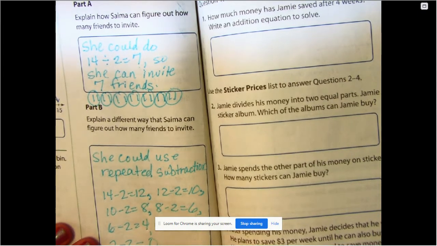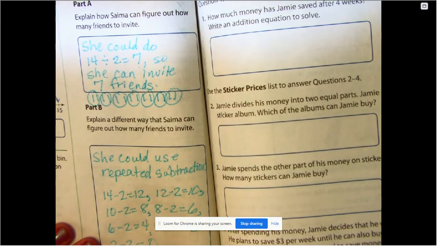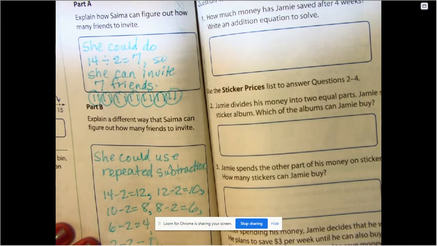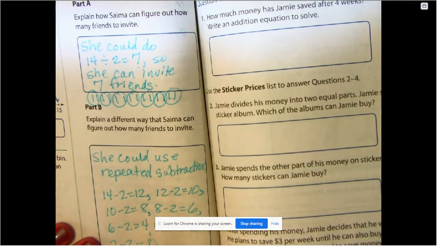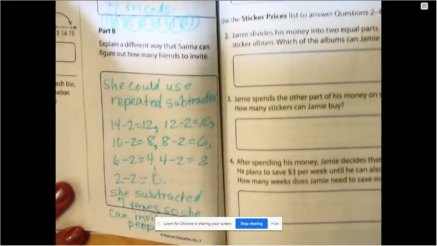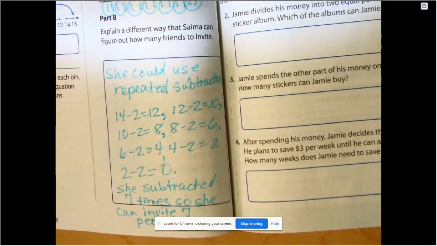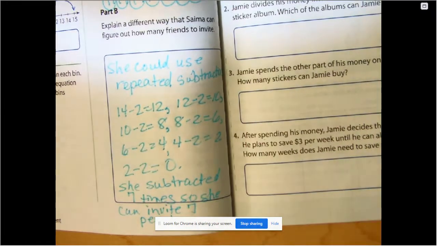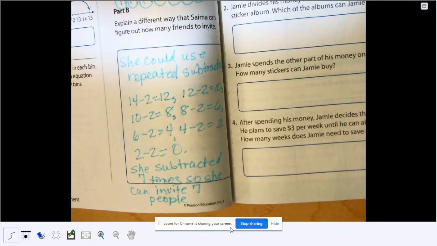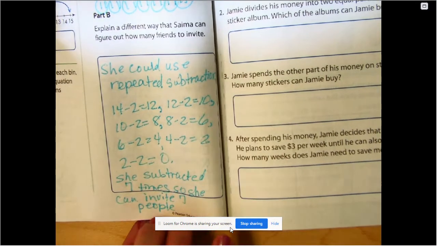So she can invite 7 people, or 7 friends. Okay. Go ahead and pause that if you need to get that written down.